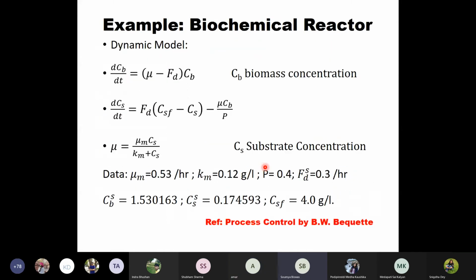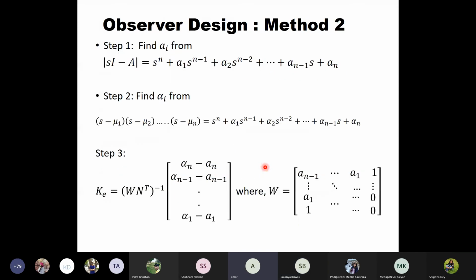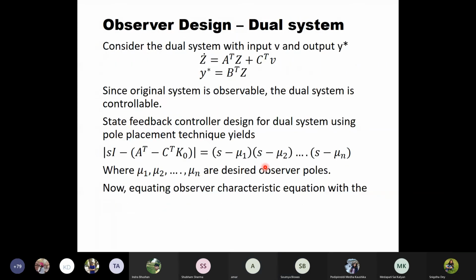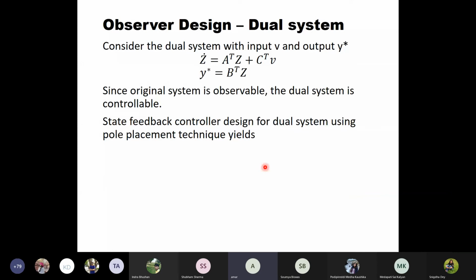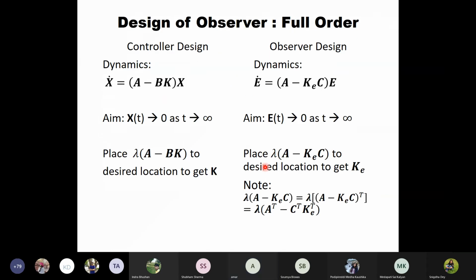Yes. Another thing, sir, while we were doing the dual system just before that, when we were trying to find out the eigenvalues, why are we using the dual system? Okay, so if you look here, basically the design of a controller and the design of an observer will be the same.